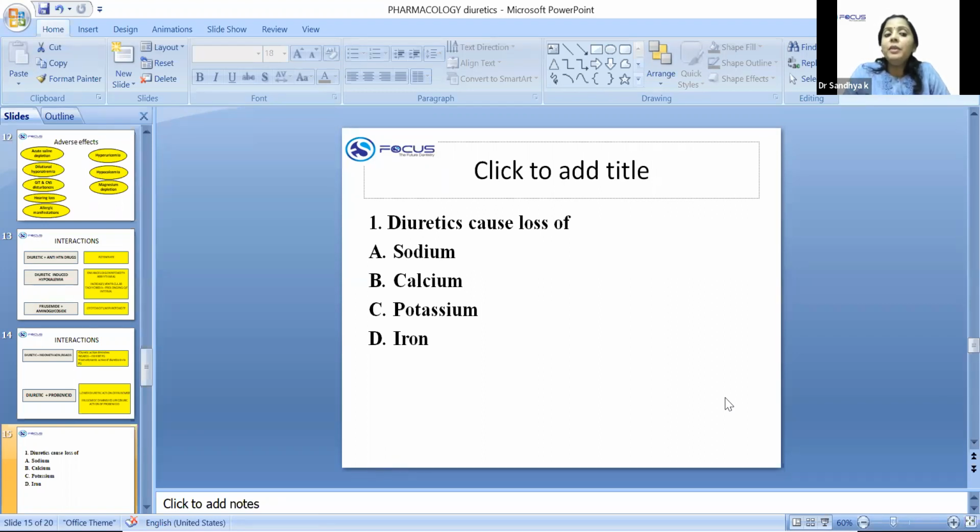So when we are dealing with the entire topic of diuretics, we'll understand that these high ceiling ones are always clubbed with potassium sparing diuretics. Or potassium supplements are given whenever high ceiling diuretic or moderate diuretics are given. Always potassium sparing diuretics are added on with that. So diuretics cause loss of potassium. Answer is C, potassium.